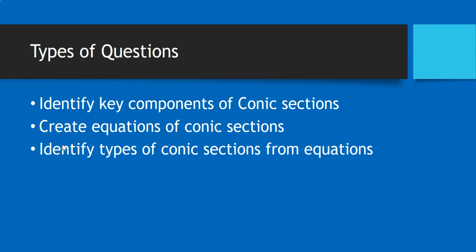Then we're going to say, well, if I give you the key components, can we create equations? So these first two are kind of opposites of each other, or reverses of each other, I should say. One of them, I'm going to give you the equation and you're going to find the key components. The other one, we're going to give the key components and we're going to create an equation.